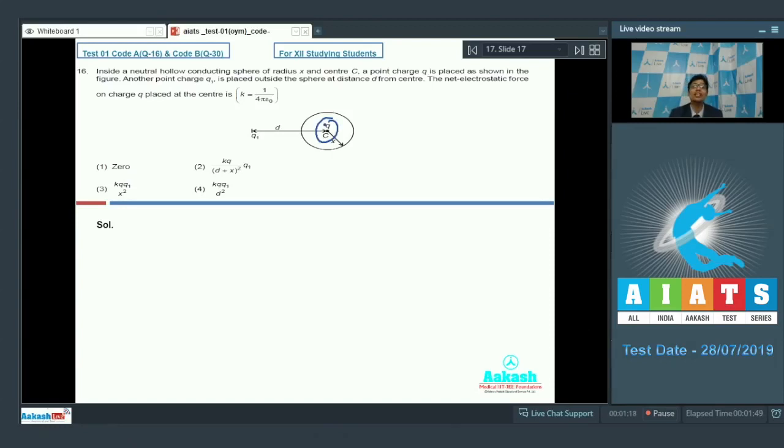And because of that, the net force experienced by charge small q kept inside the conducting sphere would be zero, and therefore the correct answer for question number 16 should be option number 1. Now let us proceed to the next question, which is question number 17.